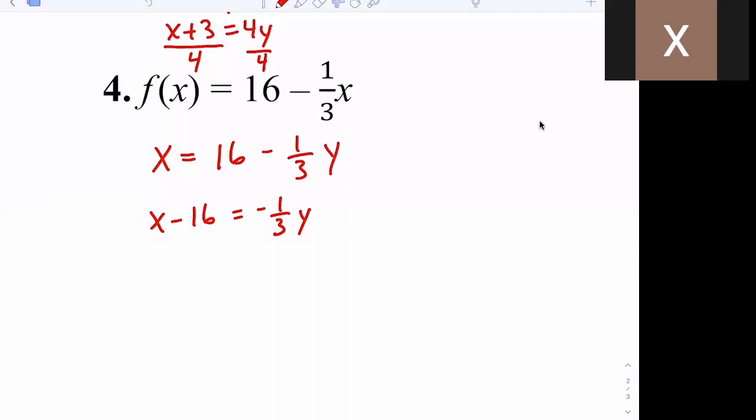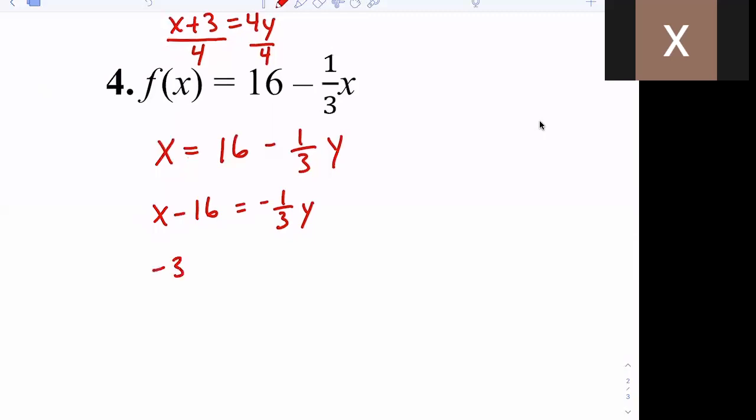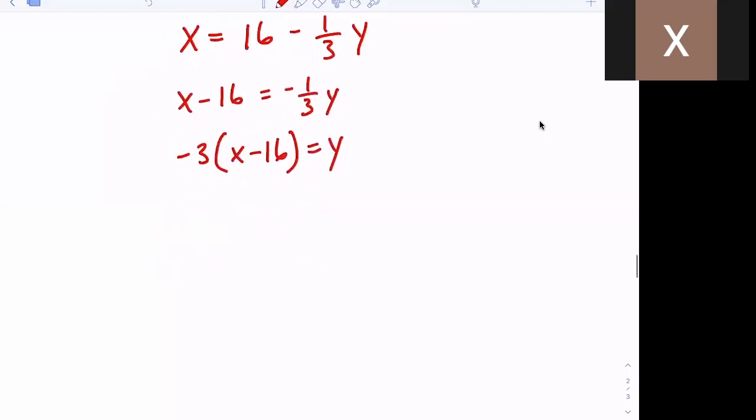What is the reciprocal? Be careful: negative 3. -3 times x minus 16 equals y. And then we write f inverse of x equals -3 parentheses x minus 16.